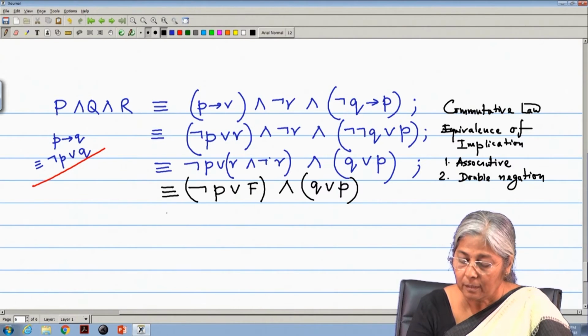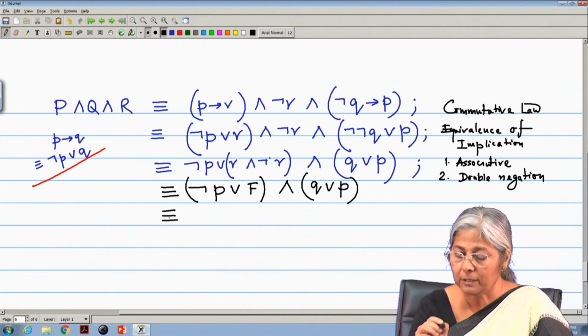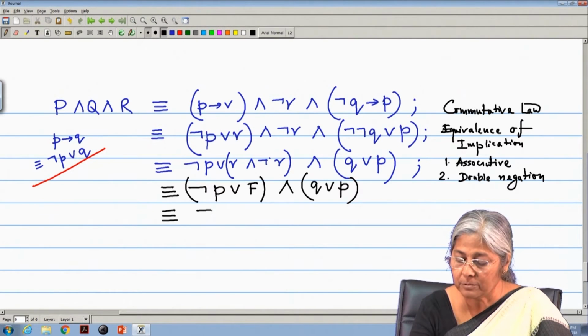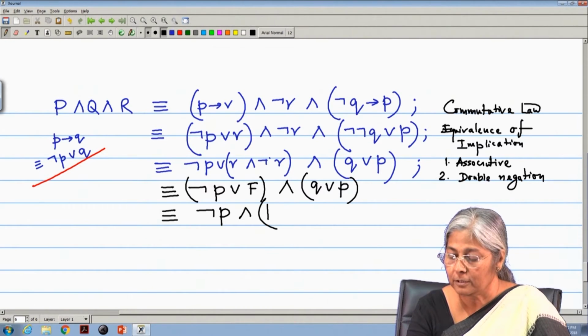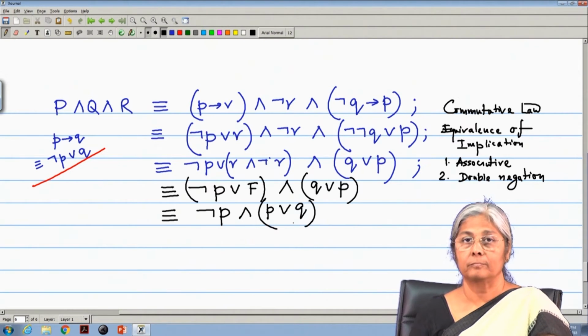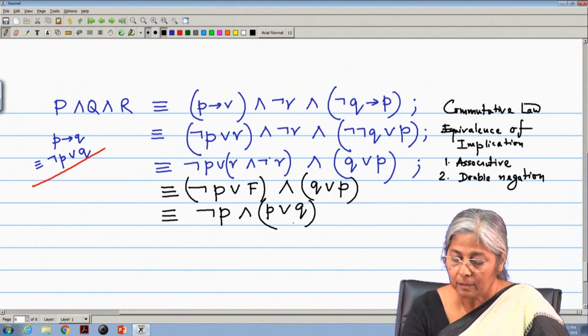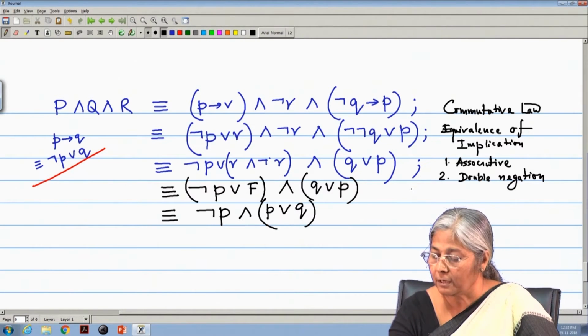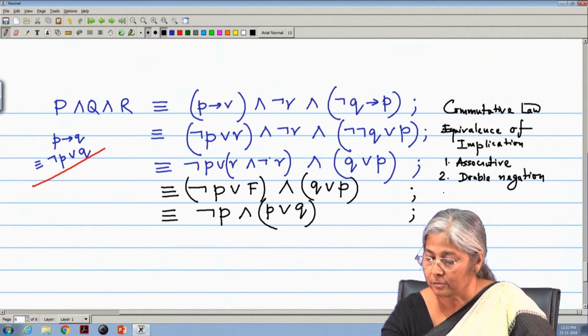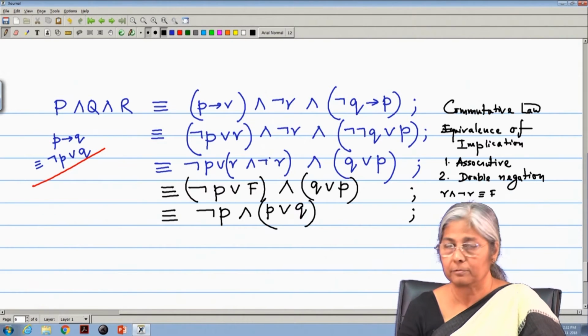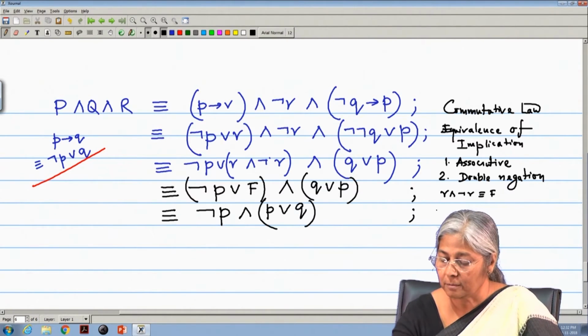Now, this is equivalent to, since it is OR, negation p, and here also I can apply that q or p is the same as p or q. Similarly, here r and negation r is equivalent to F, and here some commutative.